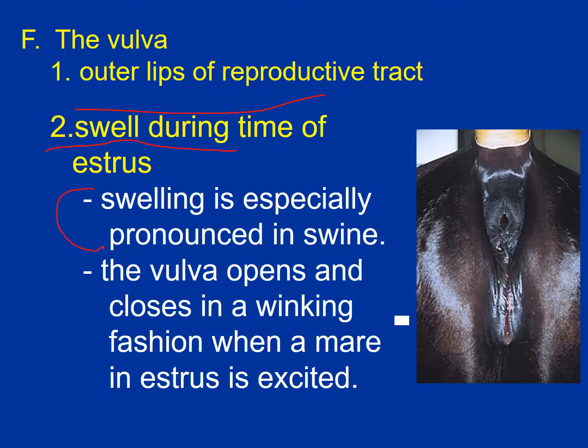One way to detect estrus in pigs is to look at the swelling of the vulva. An interesting thing in horses is that if a mare's in estrus and she's excited by a stallion nearby, the vulva will wink open and close, indicating that yes, she is in estrus.